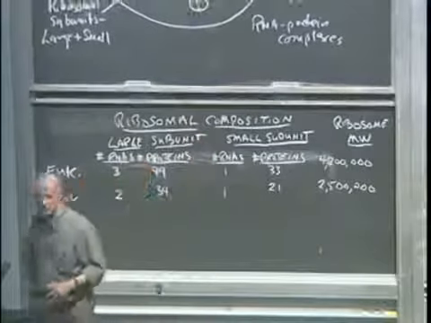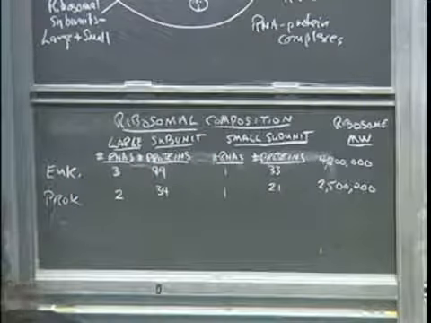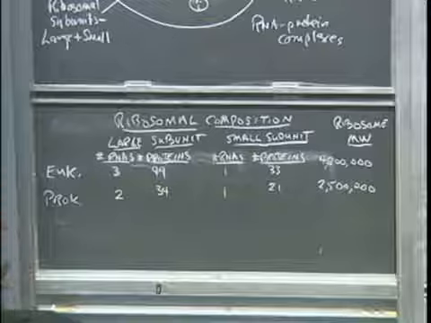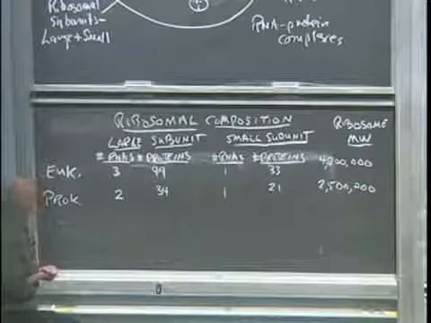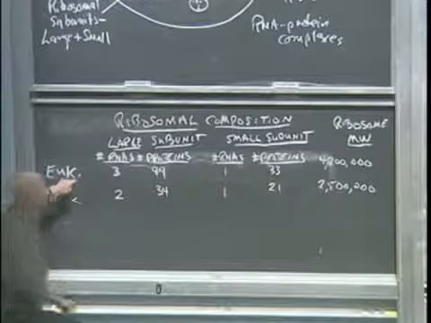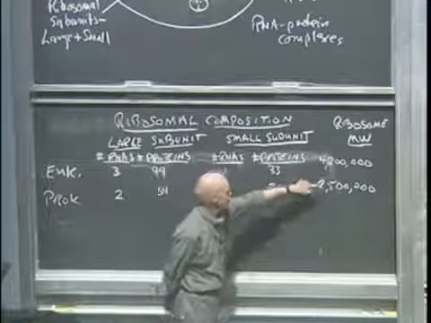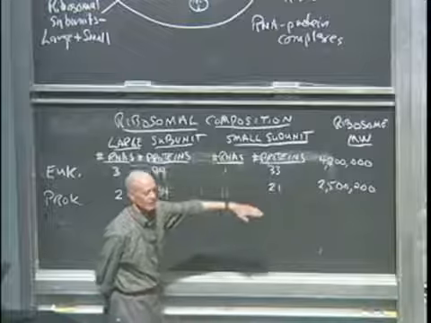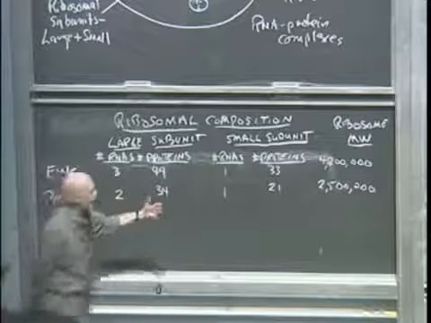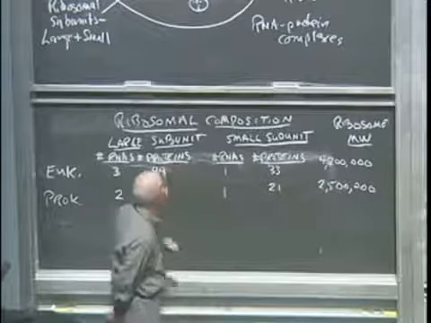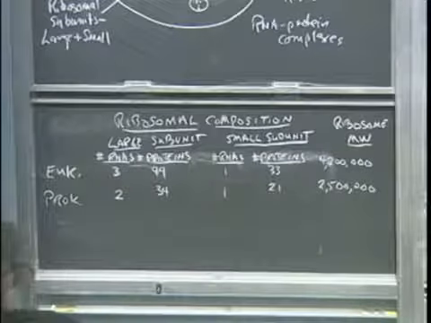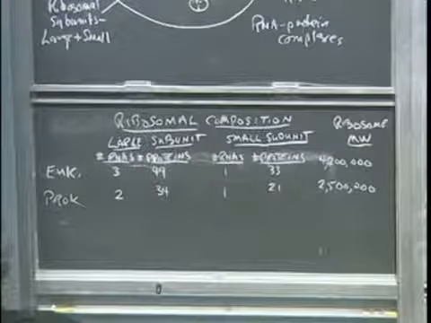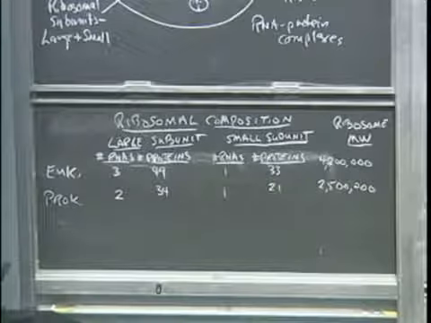This is an example, the data that exists for ribosomal composition. You can see the eukaryotic ribosome is larger than the prokaryotic ribosome, but both are very, very large complexes. These are numbers you don't have to memorize; I'm giving them to you just so you will appreciate how big these complexes are.